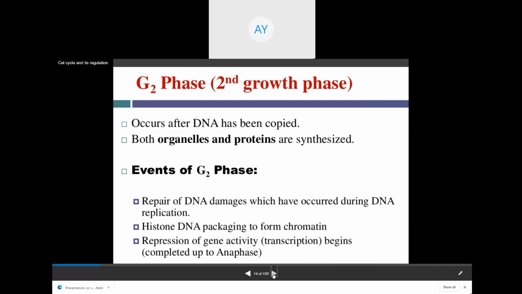अगर यहाँ पे कुछ भी बच गया बनाना, तो यहाँ जो कुछ भी डिफिशियंसी हो जाएगा उसकी सिंथेसिस होगा, मतलब अगर ब्रेकेज हो गया डीएनए में तो वहां रिपेयर हो जाएगा, with histone DNA blockage to form the chromatin। मतलब ये क्रोमेटिन जो है ये बना होता है हिस्टोन प्रोटीन से और डीएनए। इतना समझ लो कि क्रोमोसोम का जो दो कंपोनेंट है कौन कौन सा है, हिस्टोन एंड डीएनए। हिस्टोन प्रोटीन है और डीएनए न्यूक्लिक एसिड, and repression of gene activity, transcription began, completed up to enough.